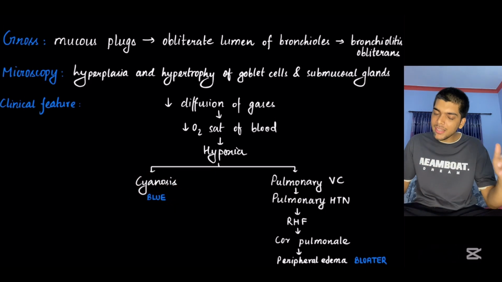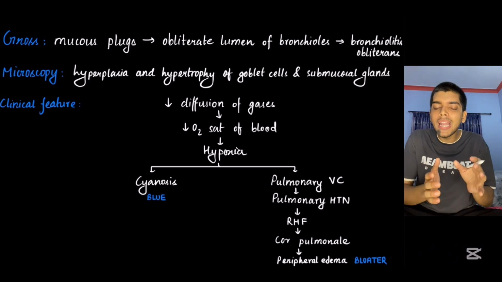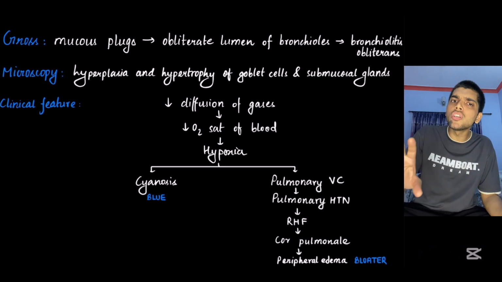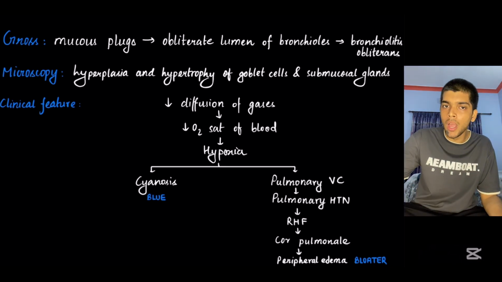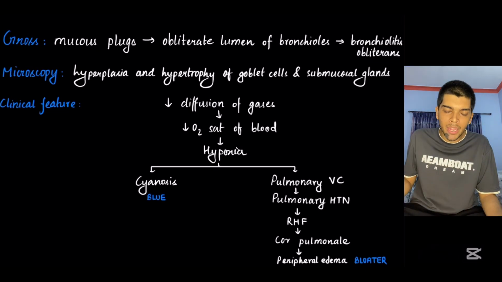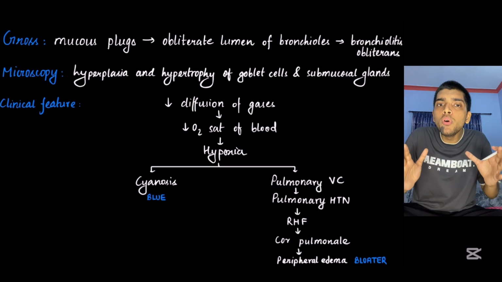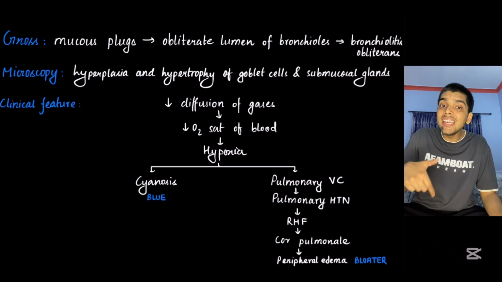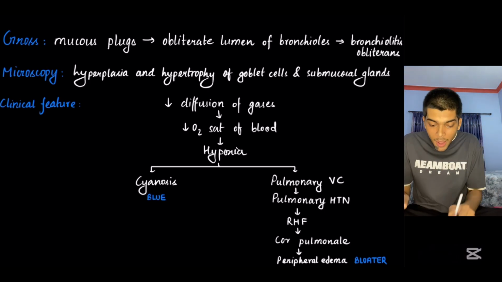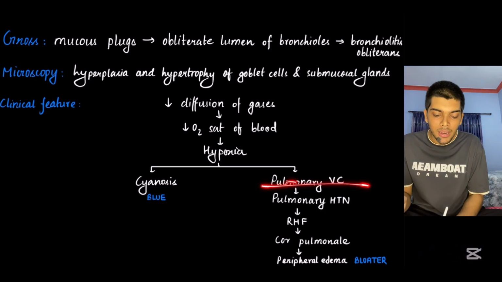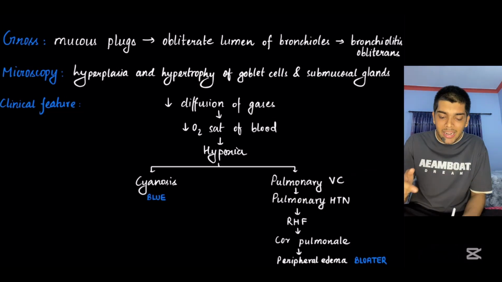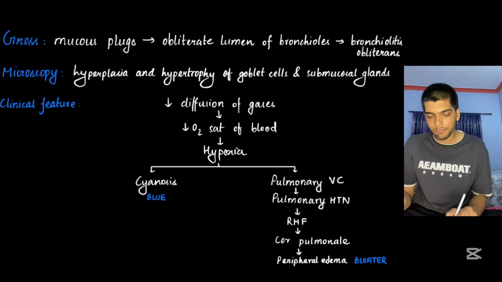Or see, whenever there is hypoxia, vasodilation of systemic blood vessels takes place to supply as much oxygen as possible to the body, but vasoconstriction of pulmonary blood vessels takes place. Due to pulmonary vasoconstriction, there is increased peripheral resistance of pulmonary blood vessels, leading to pulmonary hypertension.